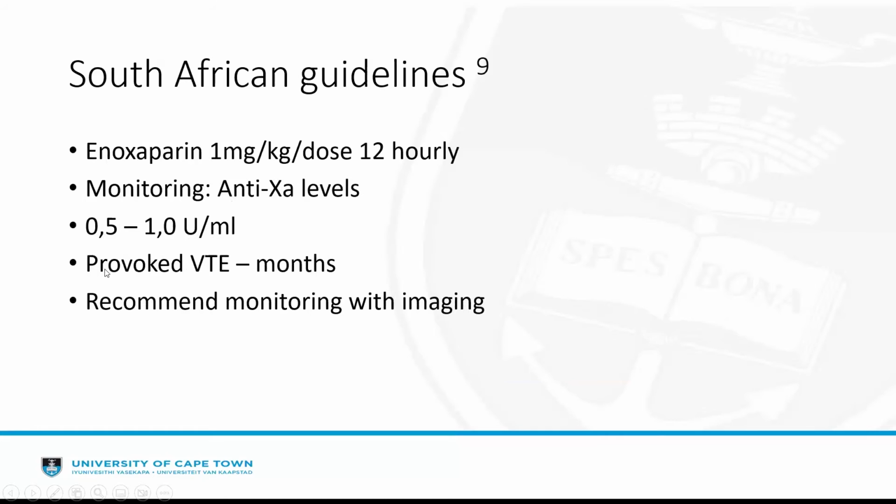Since these are considered provoked venous thromboembolisms rather than idiopathic, they recommend, it's a typo here, 3 months of anticoagulation in total. And they also recommend monitoring with imaging both during and after completion of anticoagulation.